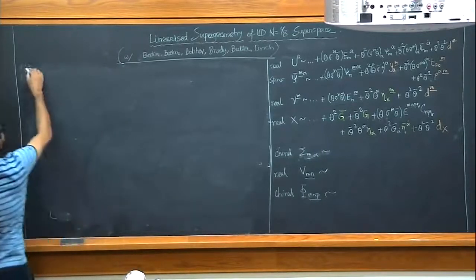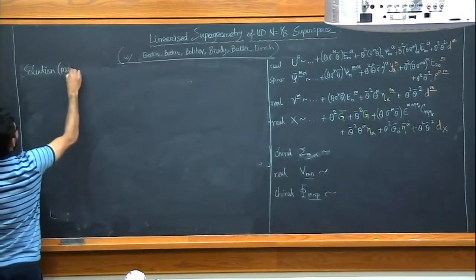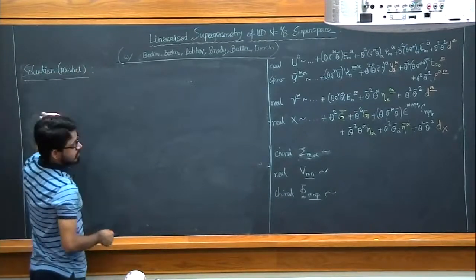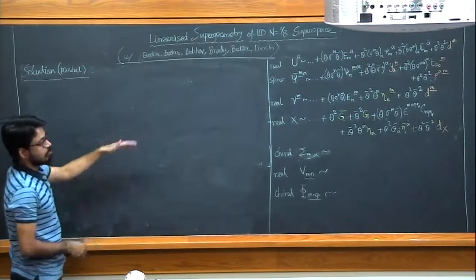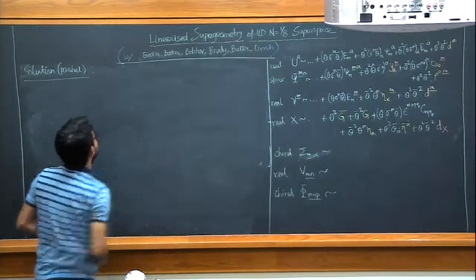So, a partial solution. By partial solution, I mean we are throwing partial supersymmetry off shell, but the rest is still on shell.